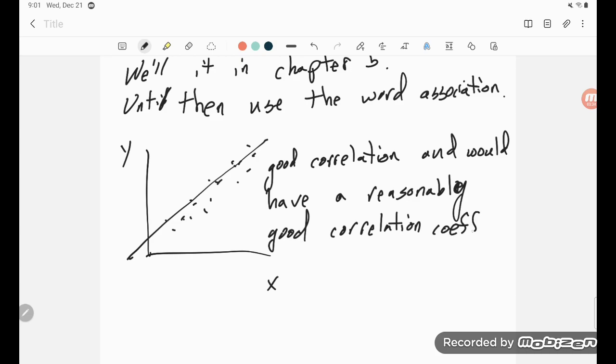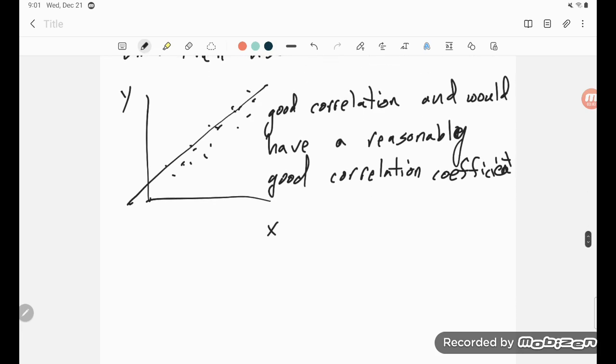Okay, and I'm only introducing this to try to get you to not write things incorrectly.